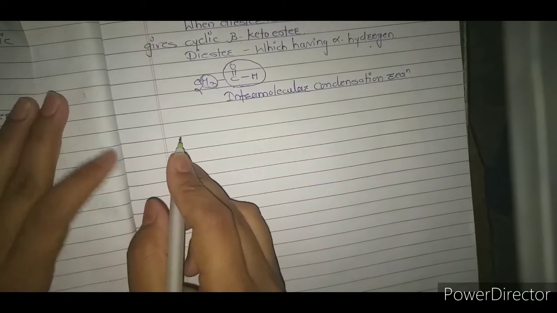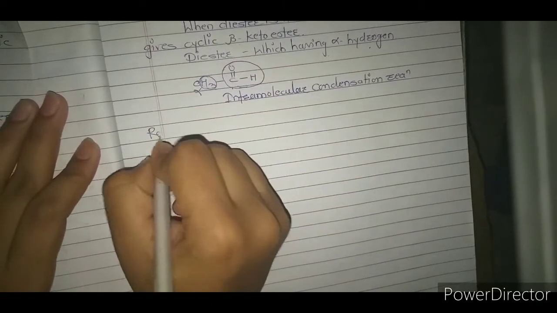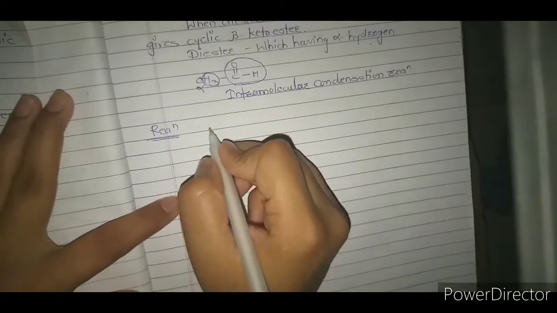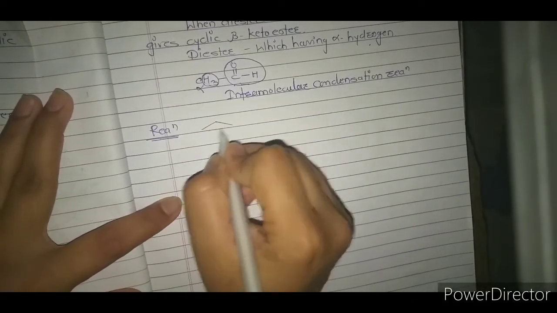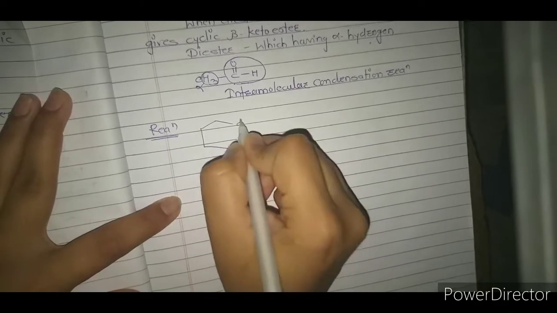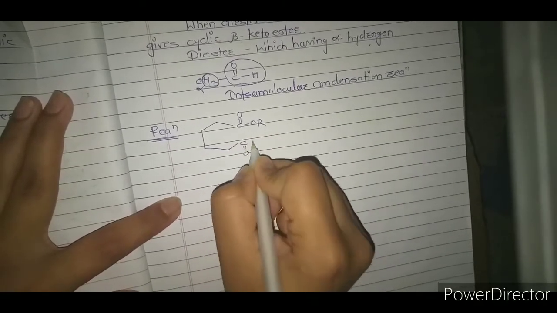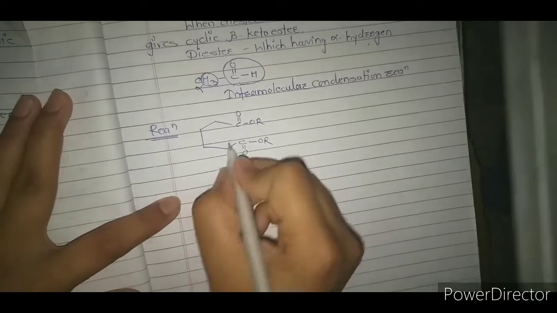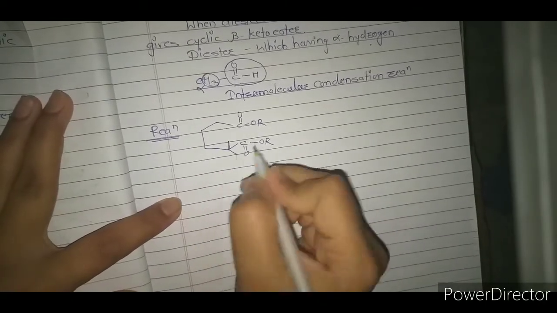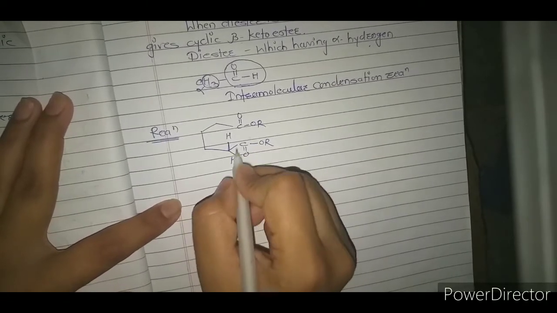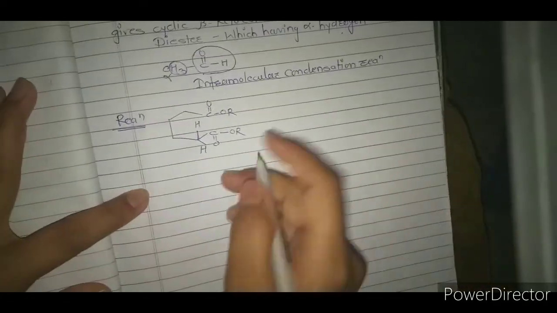So let's see the reaction. Take any diester. So this is the diester, and I will take these 2 alpha hydrogens which are present in this compound.